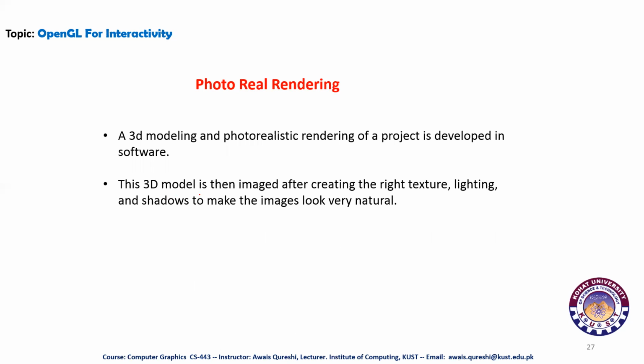This 3D model is then rendered after creating the right texture, lighting effects and shadows to make the image look very natural. So when we are using software for 3D modeling, we are modeling different objects using 3D modeling concepts, so the 3D model looks like the original model, with the help of the right textures, lighting and shadows to make the images look more natural.